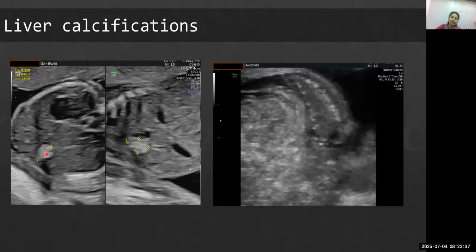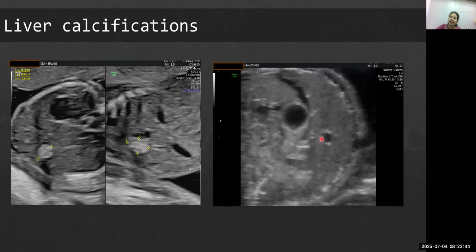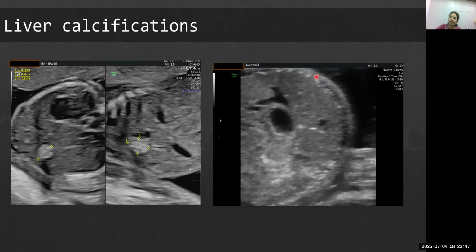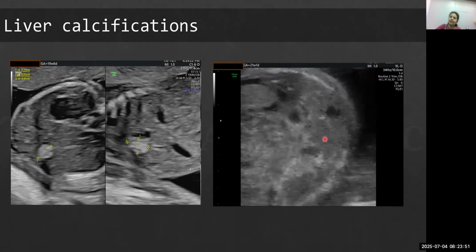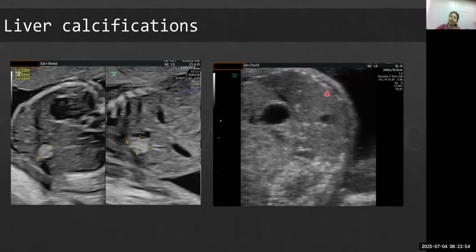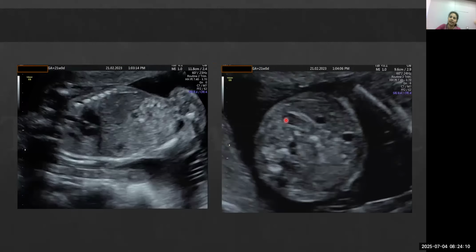We can have a discrete, single calcification as seen in this image, a single large calcification, or we can have multiple calcifications, which we can see in the liver surface area as well as in the parenchyma, predominantly over the liver surface. All these could indicate an infective etiology, or could be other vascular causes or other genetic etiologies also. So there's nothing diagnostic. There can be an overlap and we need to further investigate.